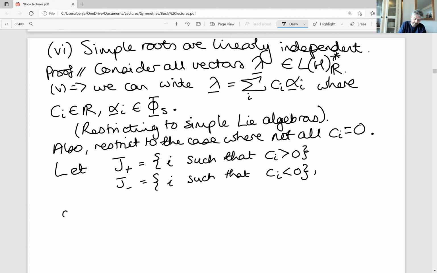And we define, so these are definitions actually, lambda plus or minus to be plus or minus the sum over i in J plus or minus of c_i alpha_i.